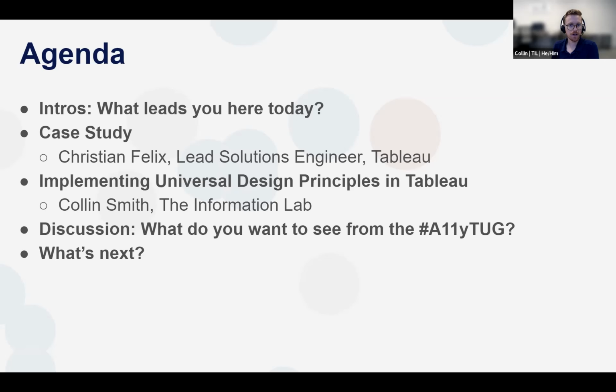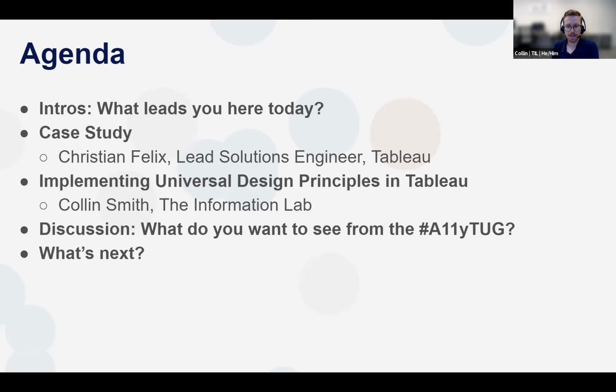And then we're going to go back to a roundtable structure where everybody can chime in about what their hopes are to get from this accessibility TUG. We're just getting started and really we're building this all together. So Emily and I want to know, what do you want to see from this? What do you hope for it?